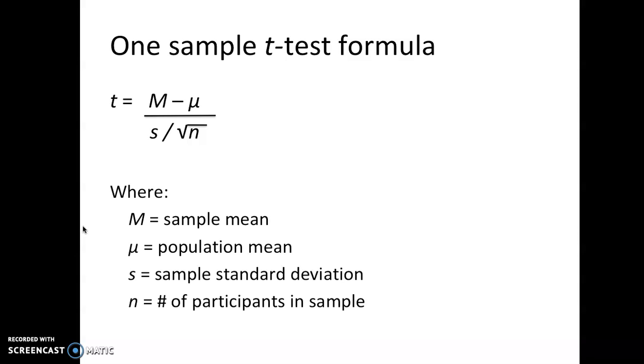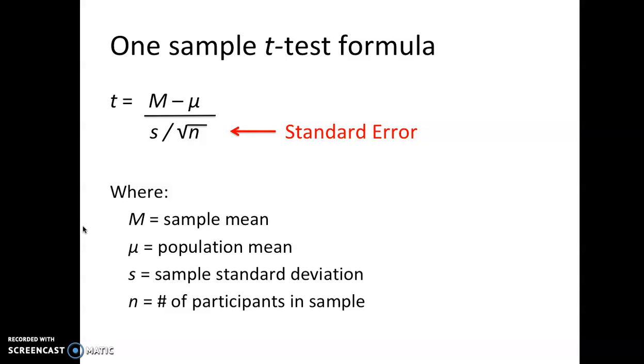And you can see that the formula for a t-obtained score looks very similar to the formula for a z-obtained score. The only difference is that instead of using the population standard deviation in the denominator, we're going to use the sample standard deviation. Again, this denominator value is known as a standard error.